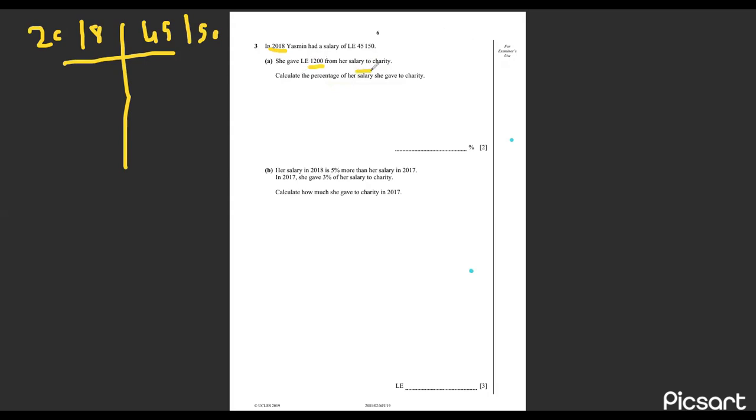So you need to consider the percentage of 1,200, dividing by the original 45,150. Then we multiply it by 100, because this will give you a decimal and we need the answer as a percentage. So multiplied by 100, it gives us a final answer.